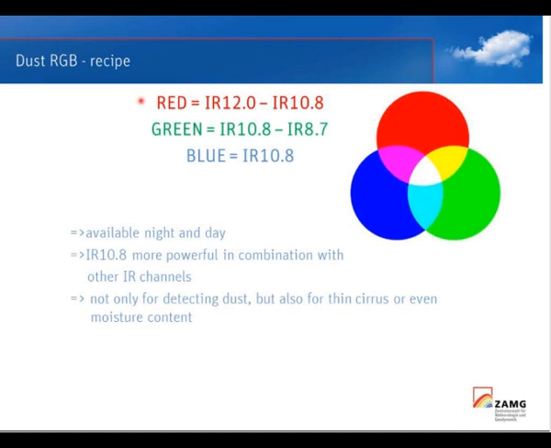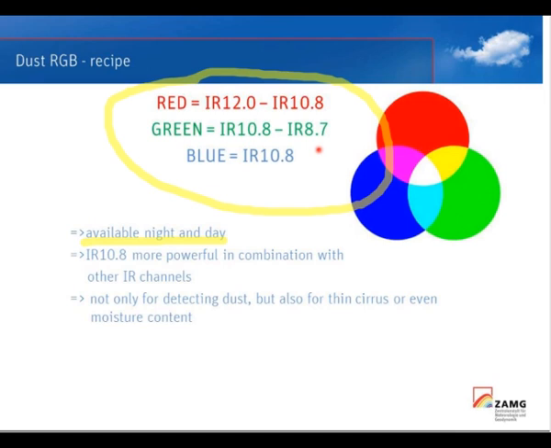I have to say that this is probably not the easiest RGB, because you have here brightness temperature difference. But as you see, this RGB just uses thermal channels, so just infrared channels, so it's available during night and day. And I started this weather briefing by showing you the infrared 10.8.